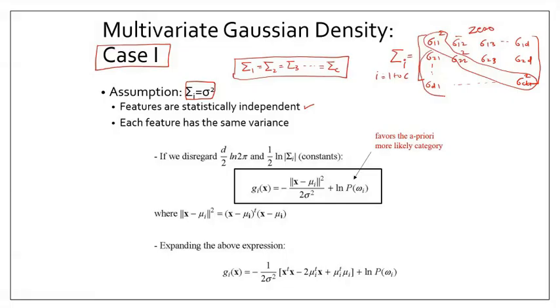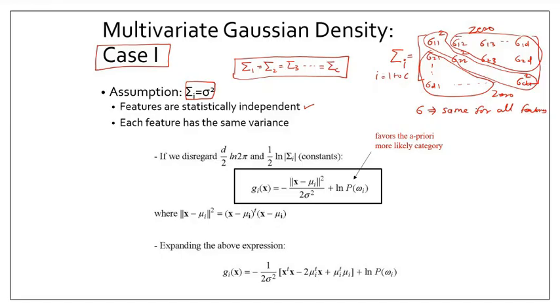So this side of the diagonal and the upper side of the diagonal, the entries are 0, and the diagonal entries are the same. So variance is the same for all features. Okay.